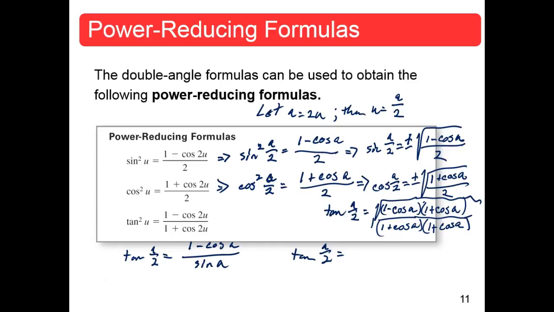The square root of sine squared is sine, so you could write the sine up here. And then the denominator would be 1 plus cosine A, because 1 plus cosine A times 1 plus cosine A is 1 plus cosine A squared, and the square root of that is 1 plus cosine A. So here are the two different ways you can write this without radicals.